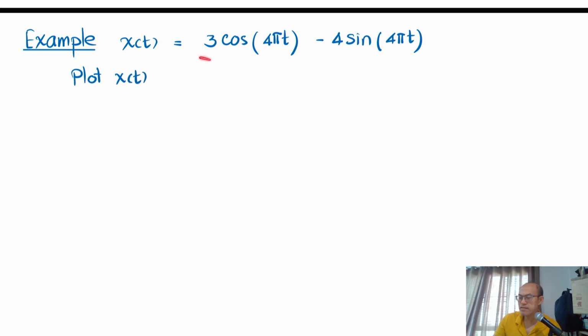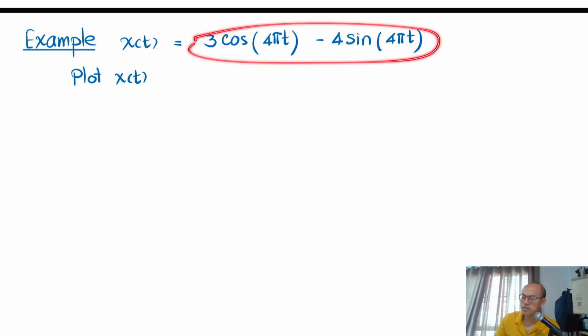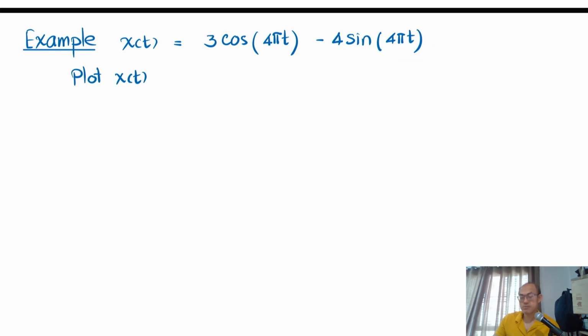Now if you add these two together, right? I think to plot this is kind of difficult because we don't know how to plot this, right? So the shape, the graph of x is quite unclear. But whenever you see things like this where the frequencies are the same, except that one is cosine, the other is sine, right? Think of the trigonometric identity.